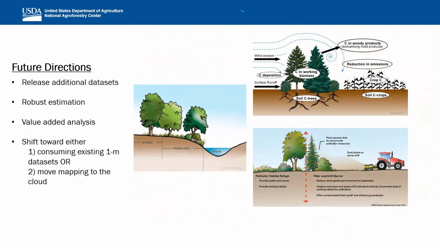Looking ahead, here is what we're working on now and potentially in the future. We've got our initial data sets completed for Kansas and Nebraska. What are some next steps? Well, we hope to publish the windbreak and riparian data sets once they are complete.